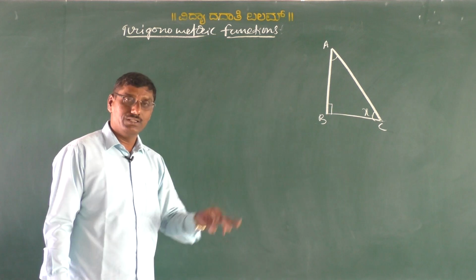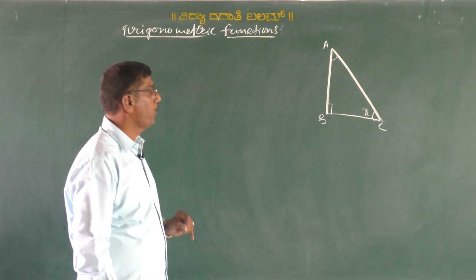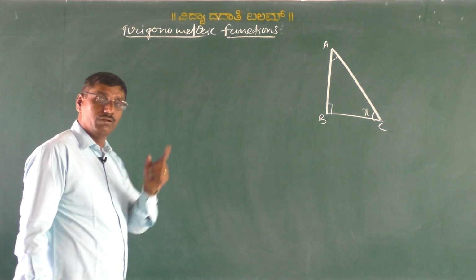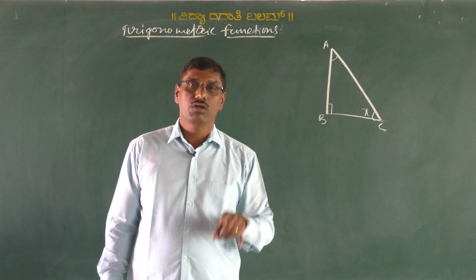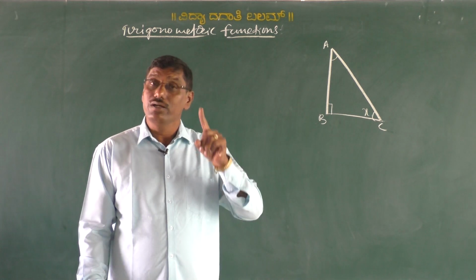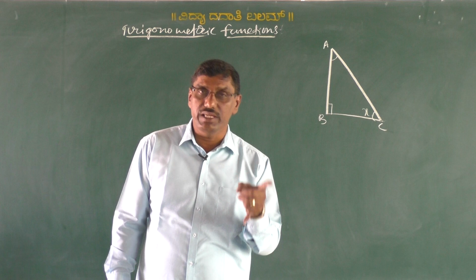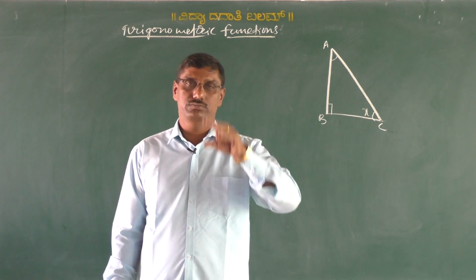How, sir? Listen carefully. We can define six: sine, cos, tan, cosecant, secant and cot.